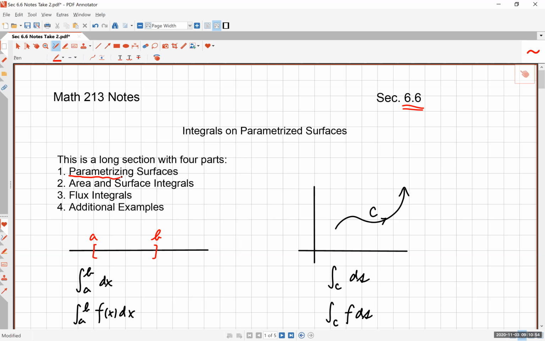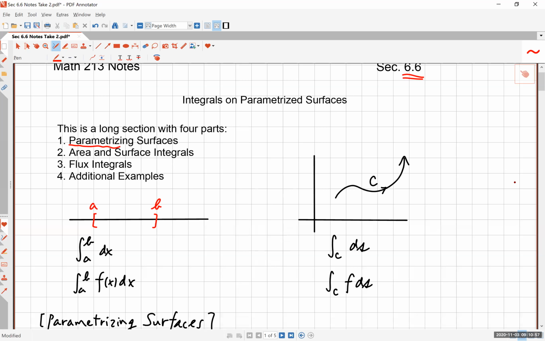The first one, I will show you how to parameterize surfaces, because that's the first thing we have to do for everything else. Then we'll find out how to evaluate the surface area of that surface you just parameterized. And then if there's a real valued function on every point of that surface that lives in a 3-dimensional space, then we can do the surface integrals, right?